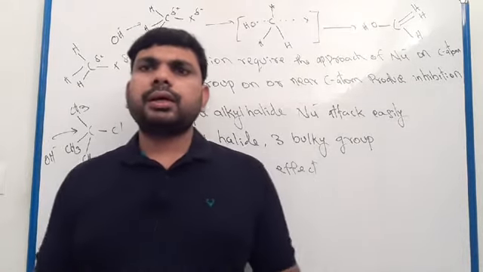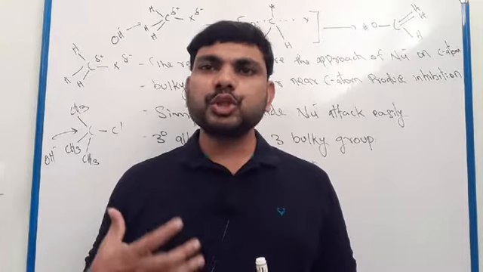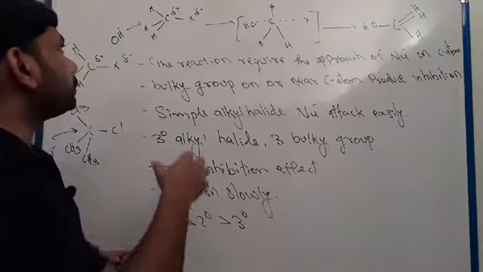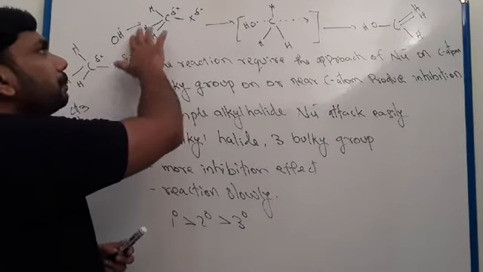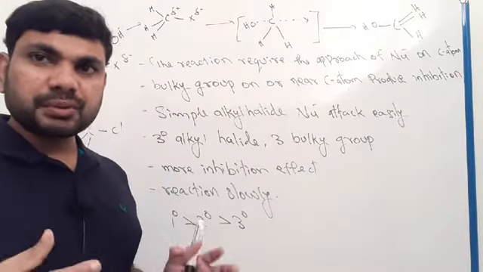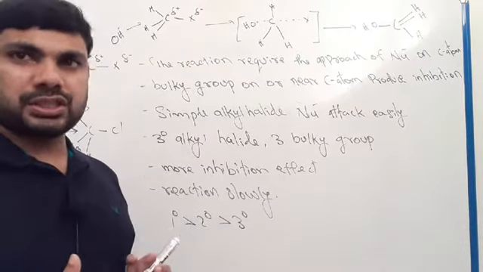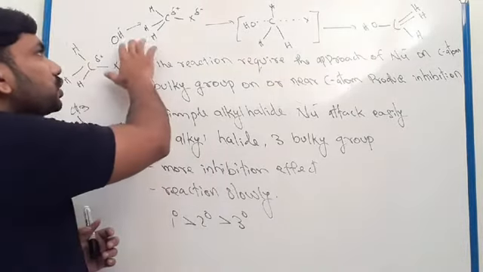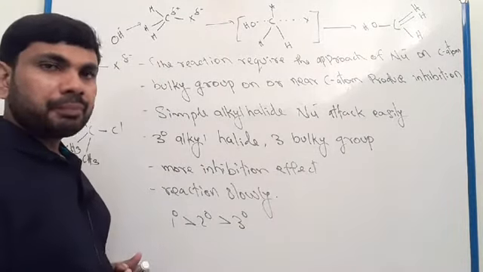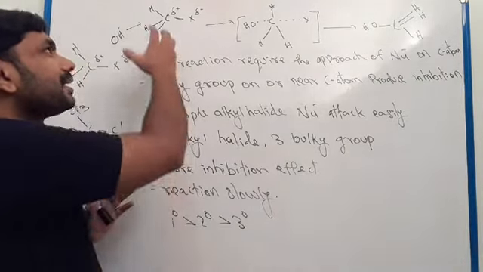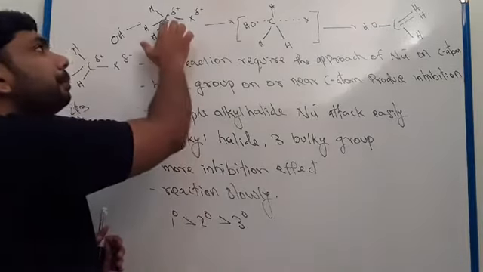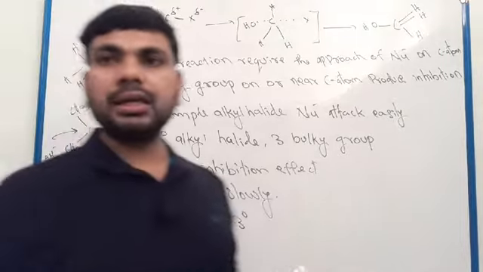So here we discussed the SN2 mechanism. In the SN2 mechanism, the nucleophile approaches the positively charged carbon atom. There must be an approach of the nucleophile on the carbon atom. If there is any bulky group on the carbon atom, what do we mean by bulky group?